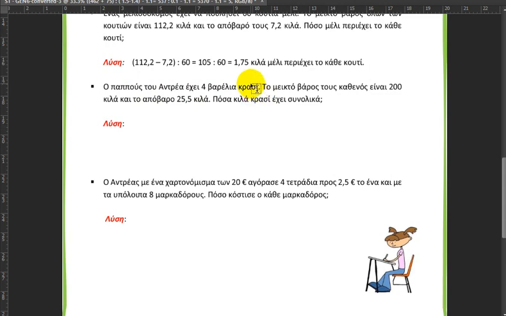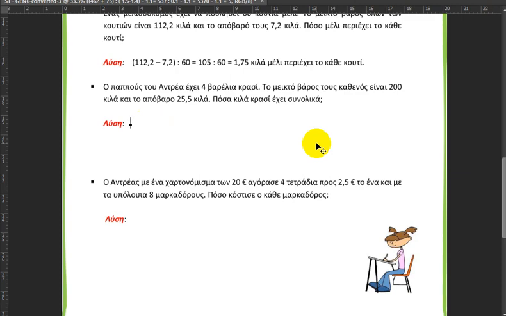We have 4 barrels of wine. Gross weight is 200 kilograms. Tare weight is 25.5. How much is the net weight? So that would be the wine. So that is for 1 barrel.